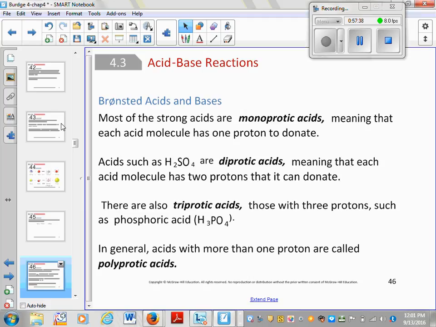So if we look at the sum of those two and cross off like terms, we can say that H2SO4 reacts with two molecules of water to give us two hydronium ions plus SO4 2 minus.